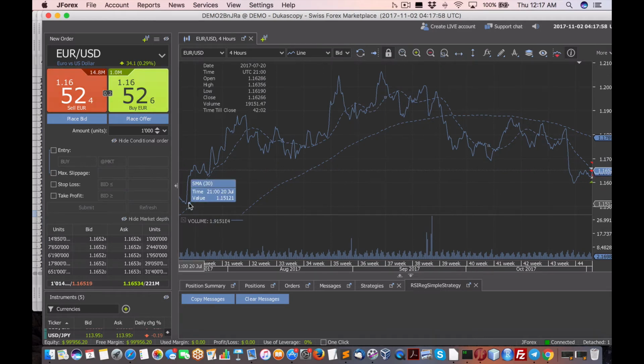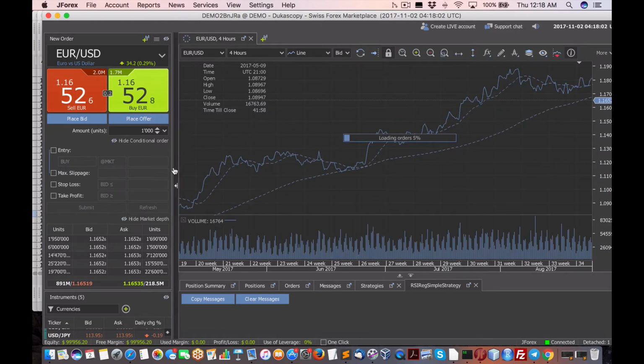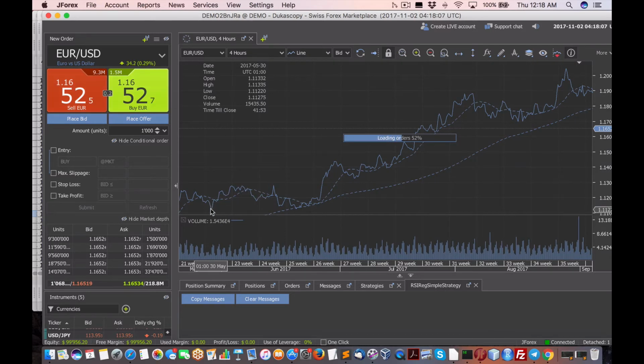So we're at 1.151 to about 118. So you'd have to put on, I would believe, quite a bit of leverage. Yeah, like we're looking at just a small set of pips here.